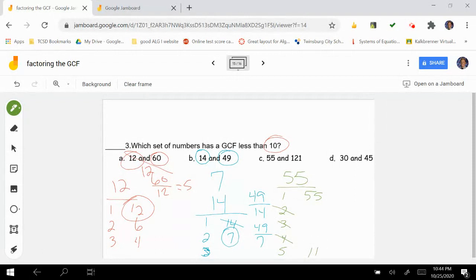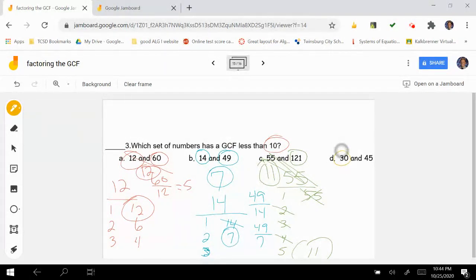So let's go with, is 121 divisible by 55? Nope. Is 121 divisible by 11? Yes. So I have 11 here. Again, I had 7 here. And I had 12 here. We are looking for things that are less than 10. So right now, we know that A is not going to work, as well as C is not going to work because that's 11.